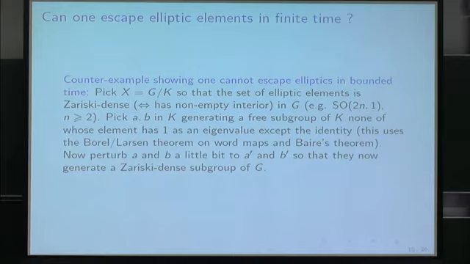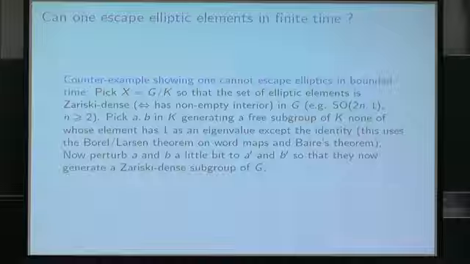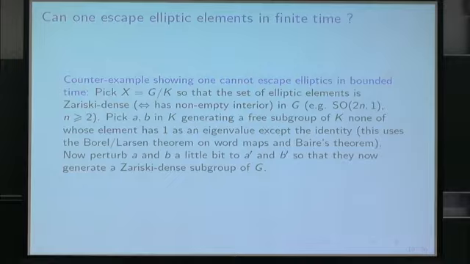And then if you wiggle your two elements a little bit, instead of generating a subgroup of the compact group, they will generate a Zariski dense subgroup of the ambient semisimple Lie group G. But because you wiggle them just a little bit, for a long time all the words in the new A prime and B prime will remain very close to the words in A and B. And because 1 is not an eigenvalue, you lie in the interior of the elliptic elements.